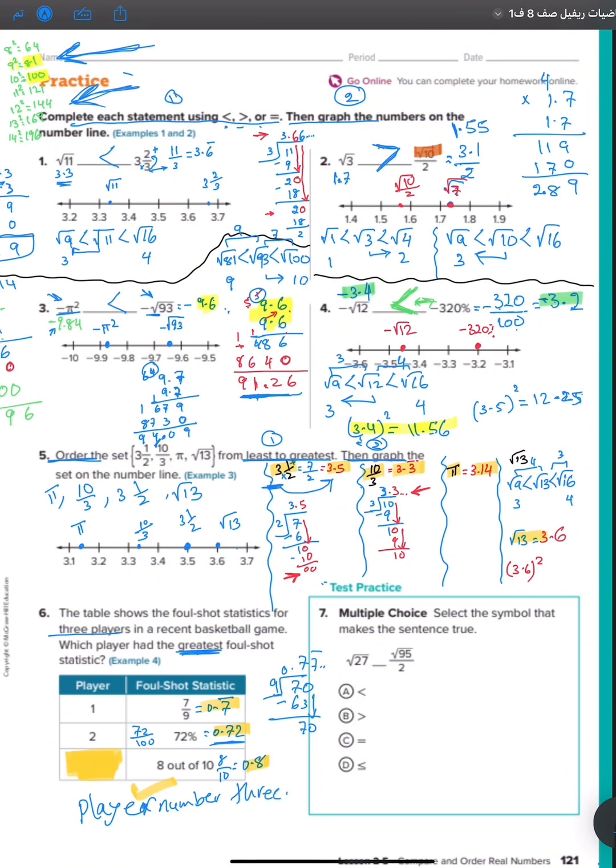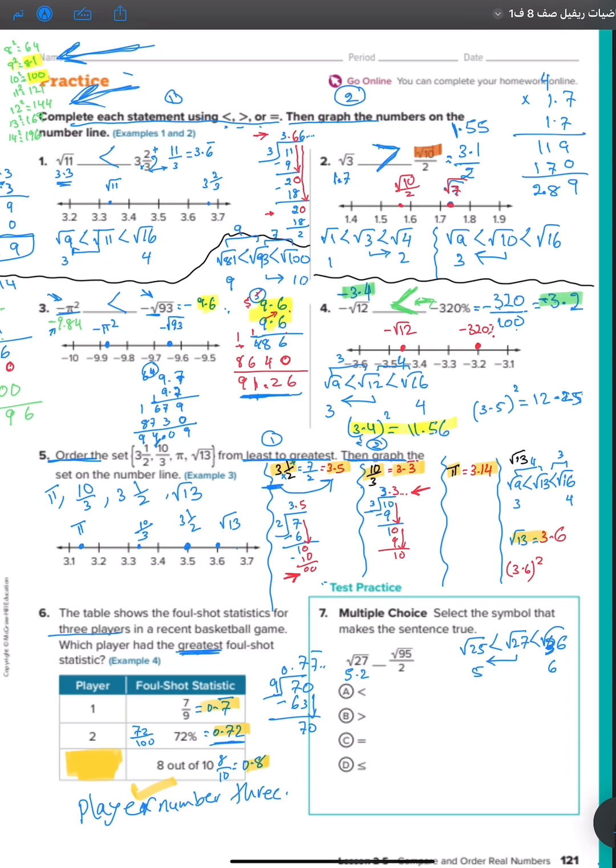Okay, last one, the next question. We have two square roots: square root of 27 and square root of 95. For 27, we know it is between square root of 25 and square root of 36, which are 5 and 6. So 27 is closer to 25, so try 5.1, 5.2, so it will be 5.2.